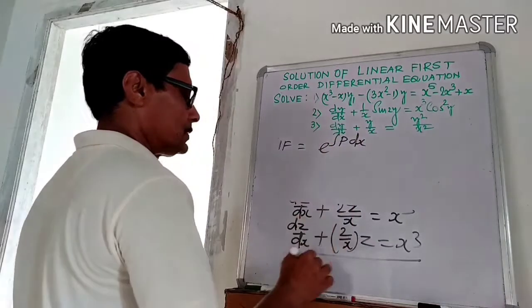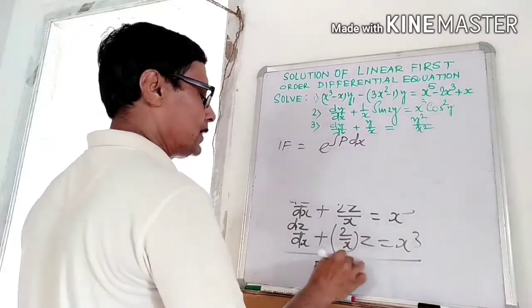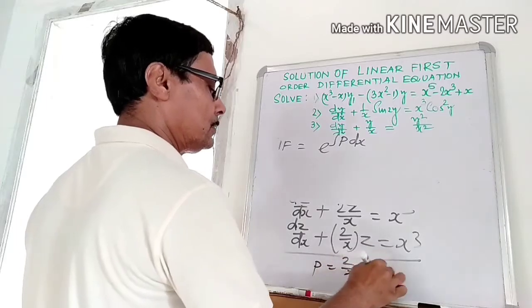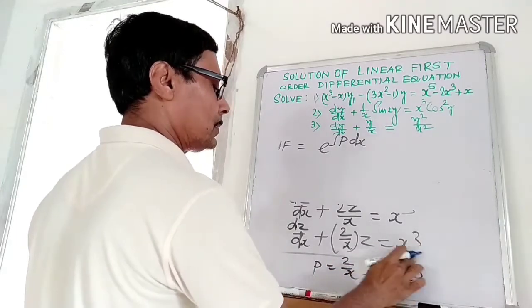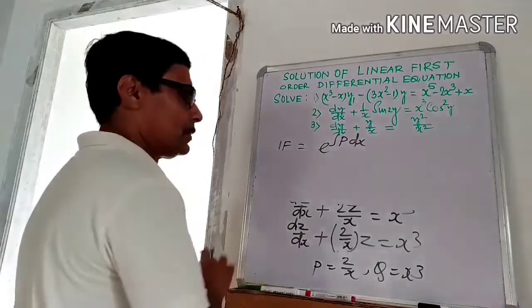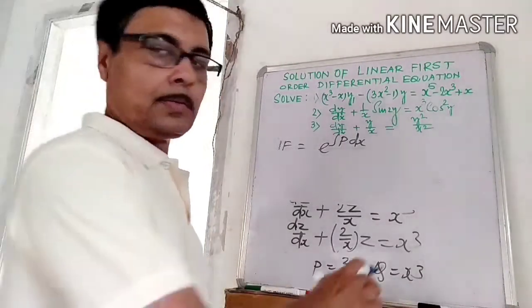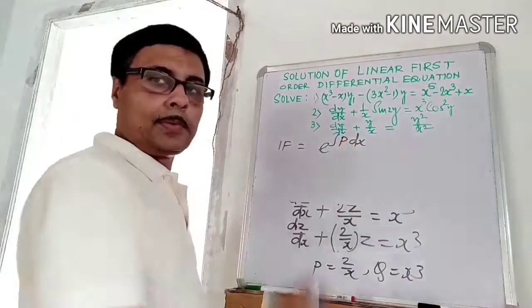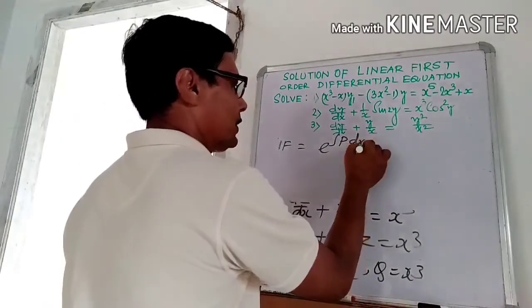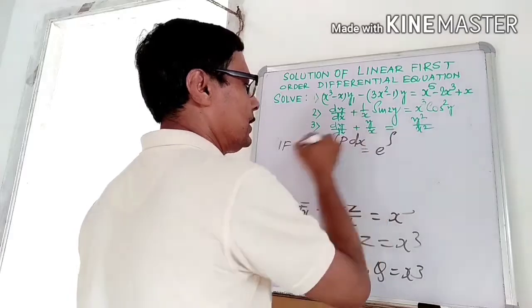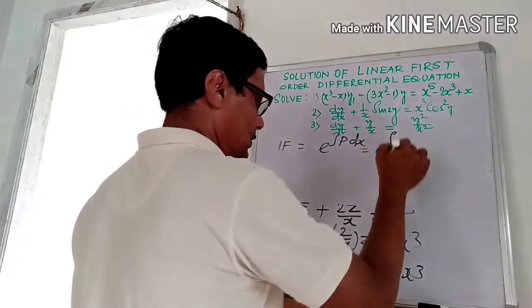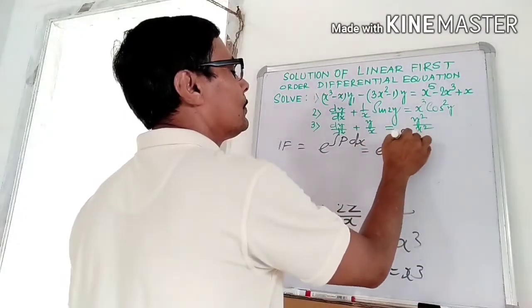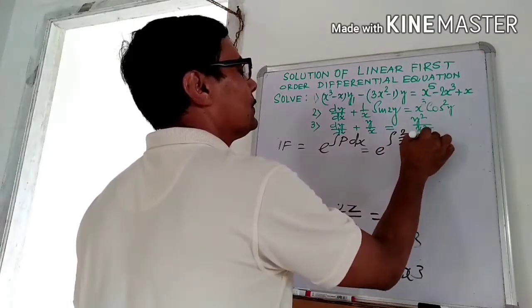Here p is 2 by x, q is x cube. So integrating factor is e to the power integral of 2 by x dx.